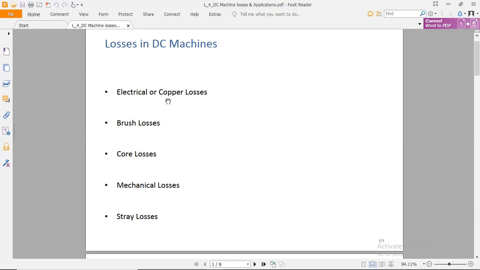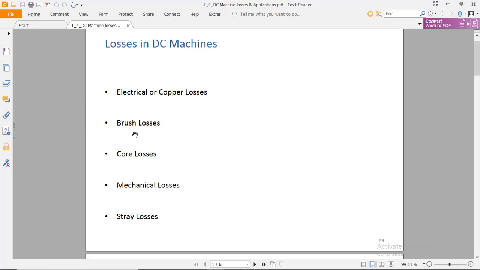So there is insulation between the winding slot, core and copper. So insulation can be more feasible there, and we reduce more losses like copper losses. Electrical and copper losses are the same.